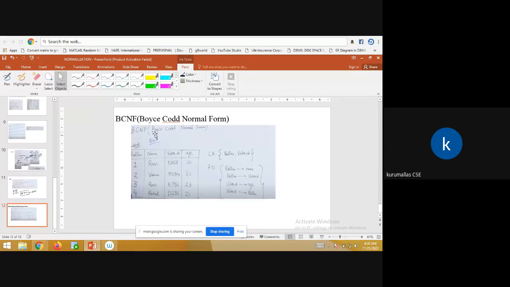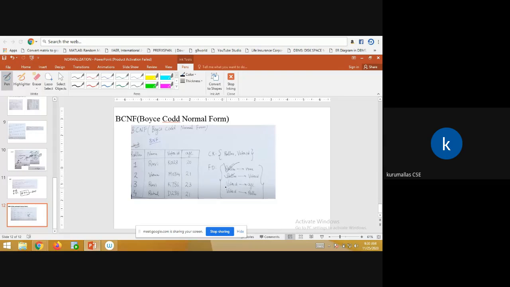According to Boyce-Codd normal form, the left side of the functional dependency should be a candidate key, right? Roll number tends to name, roll number tends to voter id, and voter id tends to roll number. If you concentrate on the left side of these functional dependencies, roll number is a candidate key.